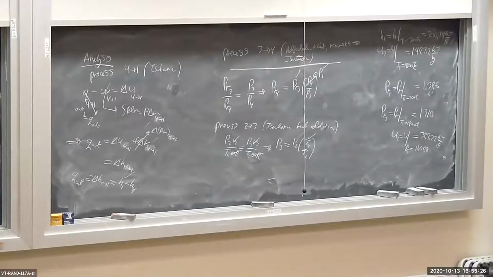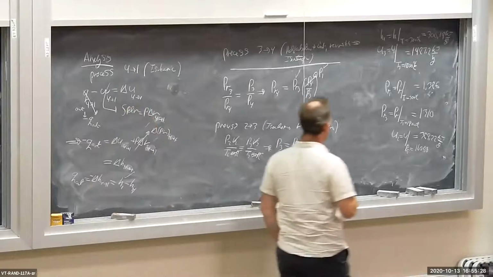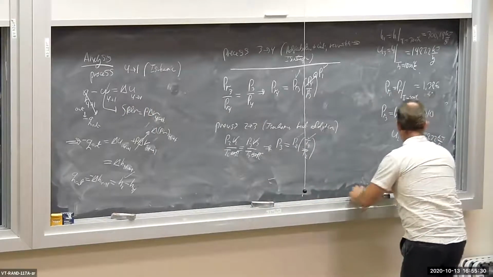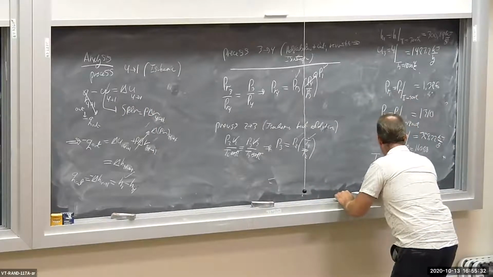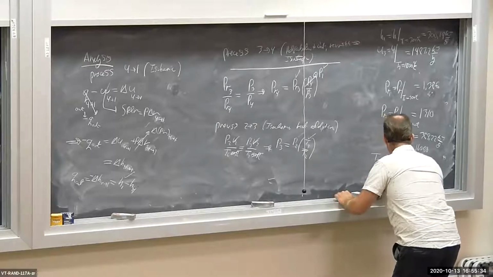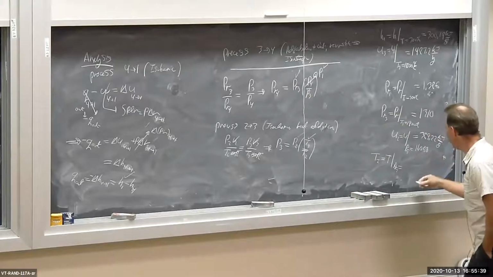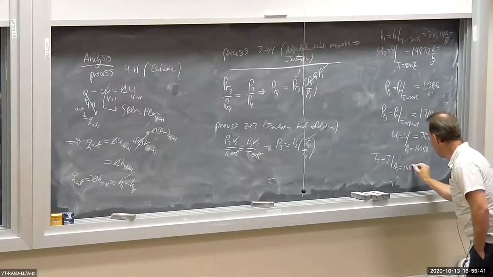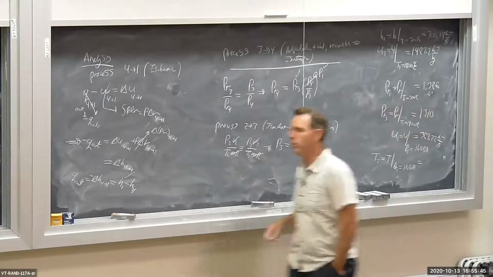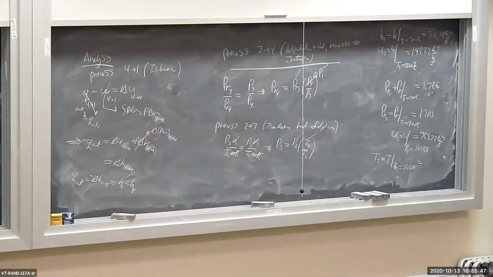T2 is T evaluated at PR2, which we already calculated as 11.088. Let's have a look here.